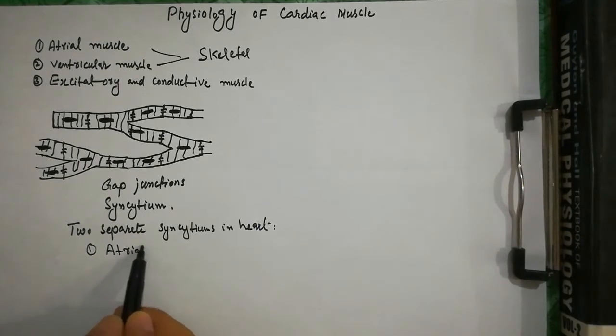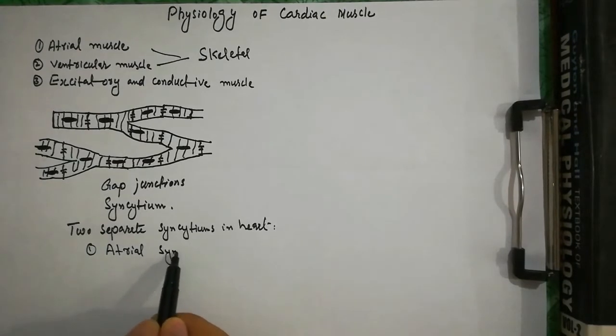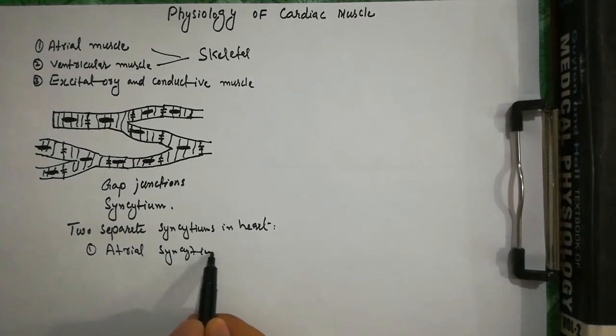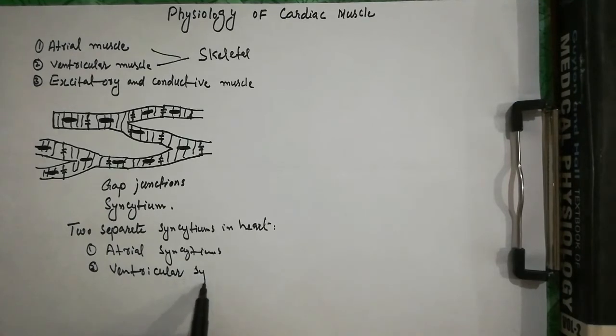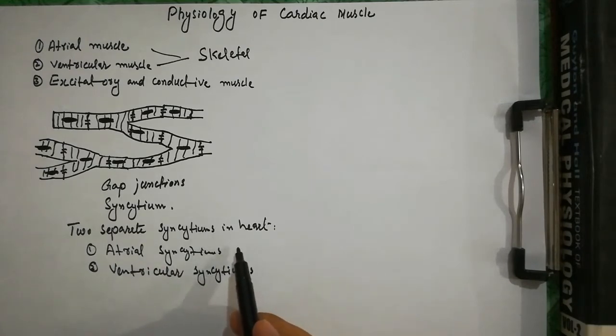Atrial syncytium consists of the muscles of two atria, and ventricular syncytium consists of the muscles of two ventricles.